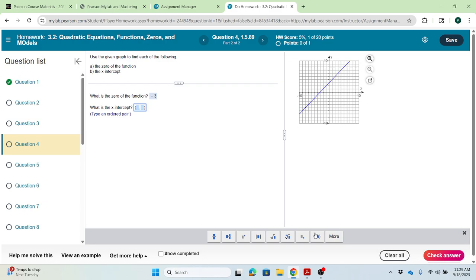The zeros of the function and the x-intercept might be the same, but you need to write it in ordered pair form. So that is 0 comma negative 3. Sorry, that's wrong, it's negative 3 comma 0. This 0 is for the value of the function, which is the value of y.